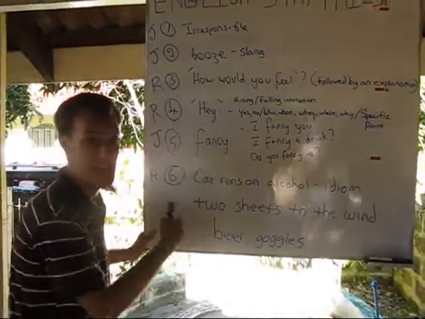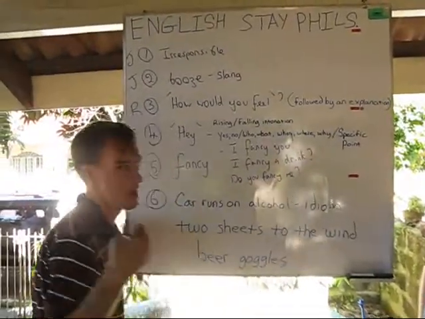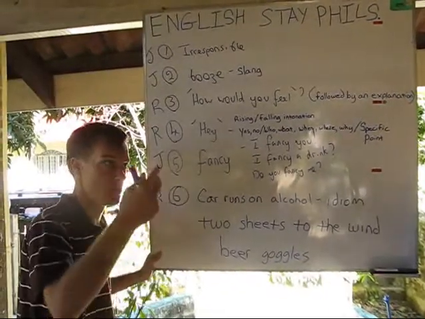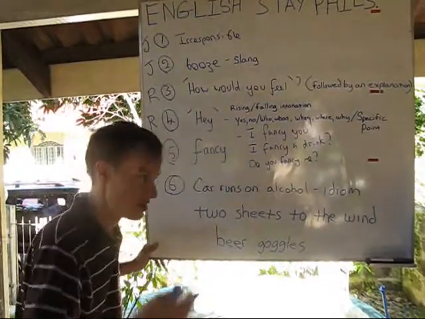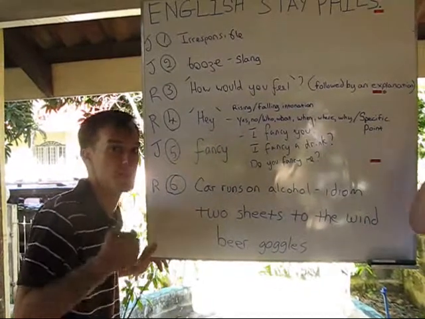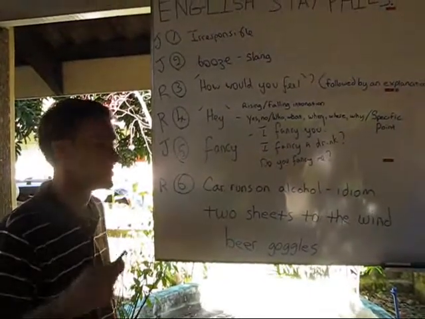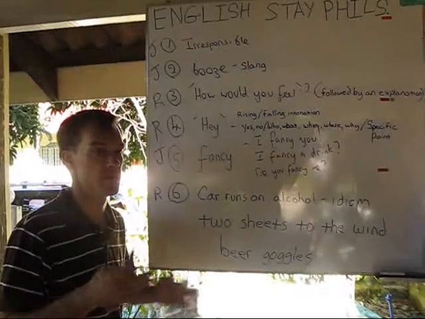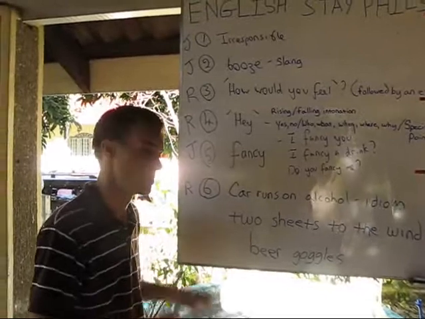Or if somebody is highly intoxicated, there's 2 sheets to the wind. You're thinking, how can a person be 2 sheets? If you think of 2 sheets hanging and the wind blowing, a person would be highly intoxicated. Or beer goggles, which means someone has consumed too much alcohol, and so they're wearing beer goggles. There are many idioms that we use when we speak English, so they're just not to confuse anybody. There's not a literal meaning, it's a different meaning.